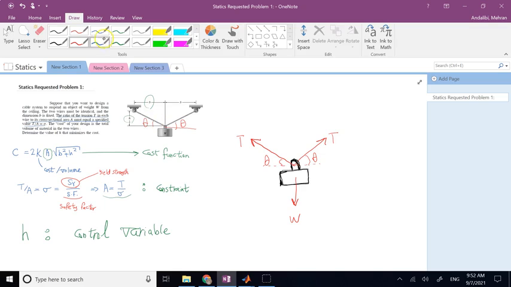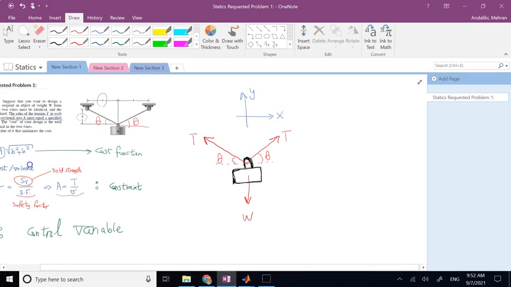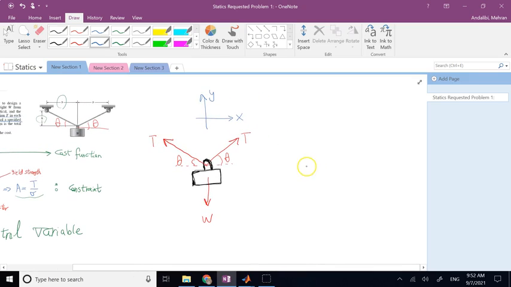Okay, if I use the traditional XY coordinate, here the problem is completely planar. And if I write the equation along the y direction, sum of the forces along y is equal to 2 times t times sine theta minus w. This has to be equal to 0.